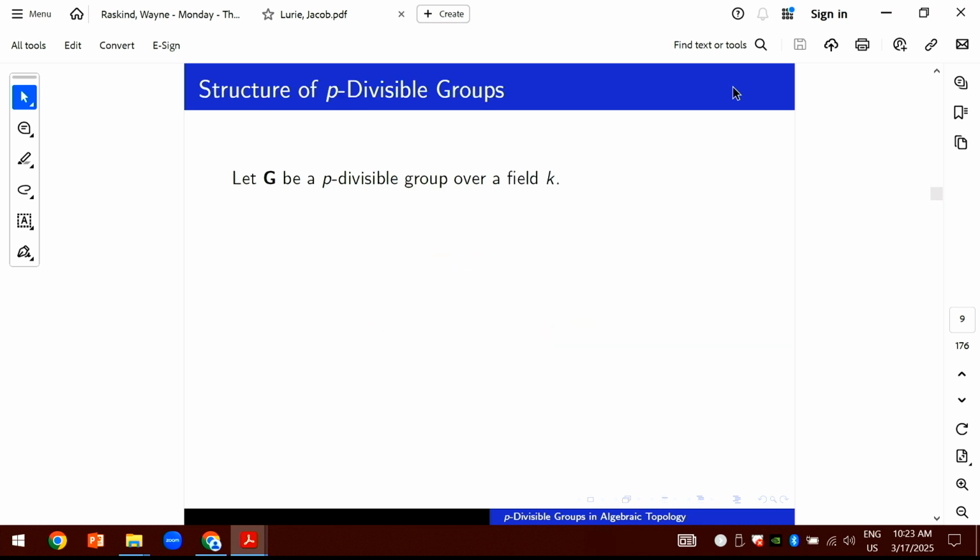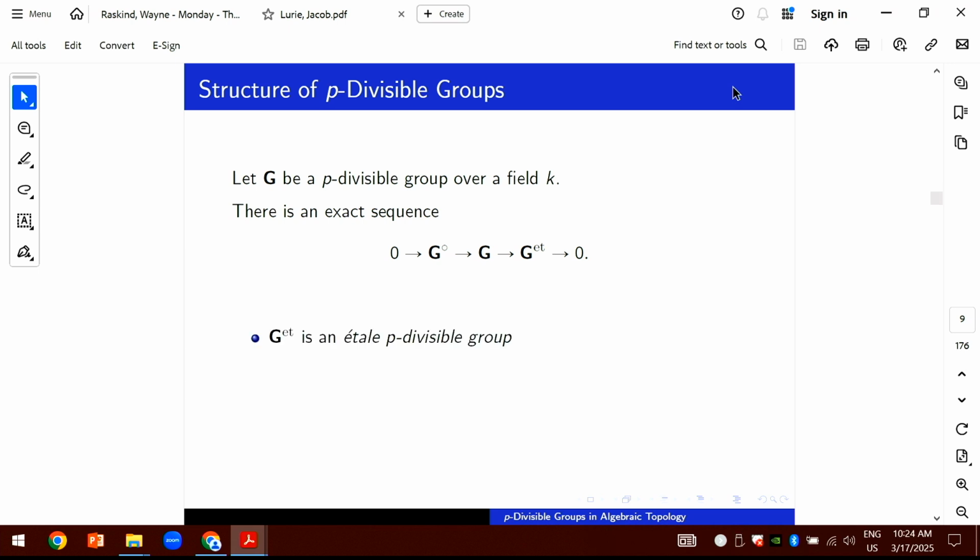OK, so what can you say about p-divisible groups in general? Let's first consider the case over a field. One of the first things that Tate proved in his paper on p-divisible groups is that over a field, every p-divisible group fits into a canonical exact sequence where you have a subgroup which is connected and a quotient group which is étale.